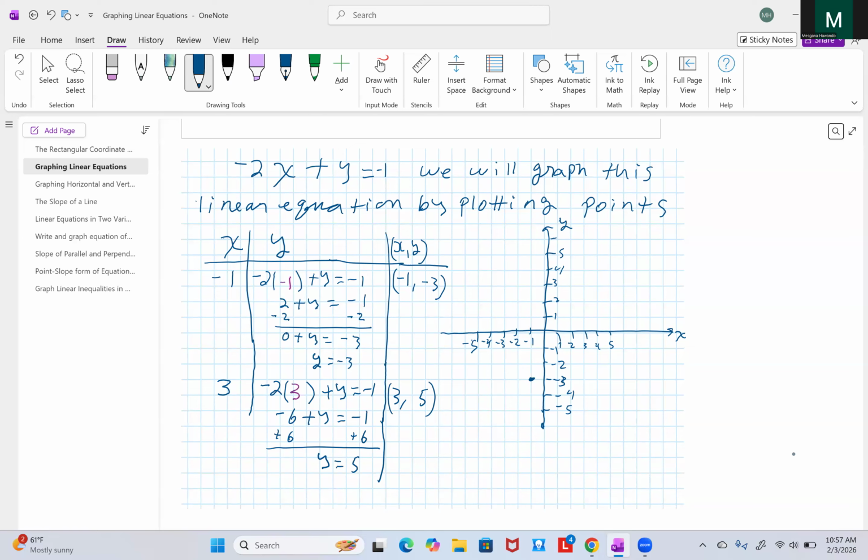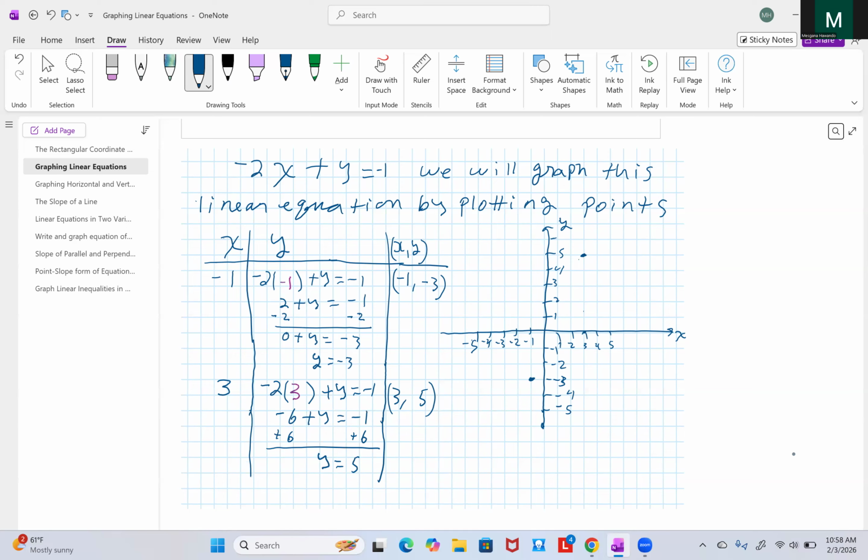We locate 3 on the x-axis, and since y is 5, we go up in the positive y direction 5 units, vertically from 3 on the x-axis. This is the second point that we have.